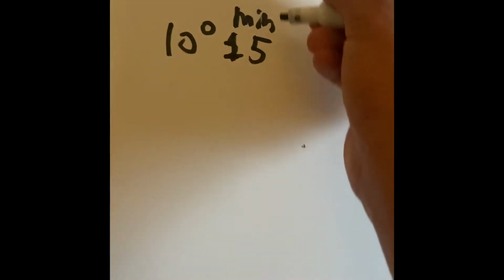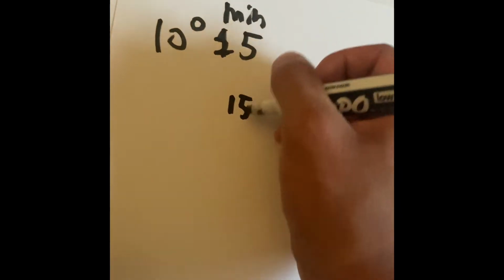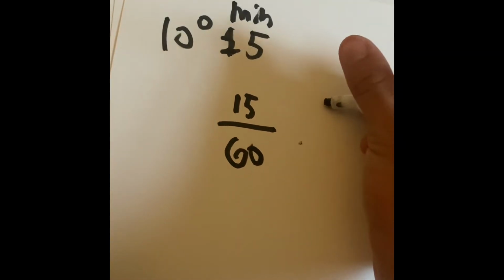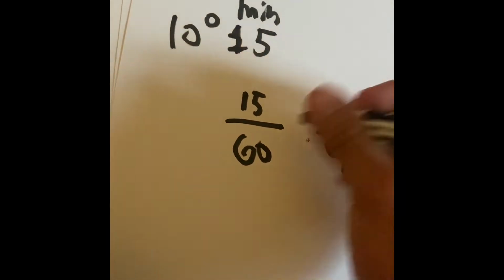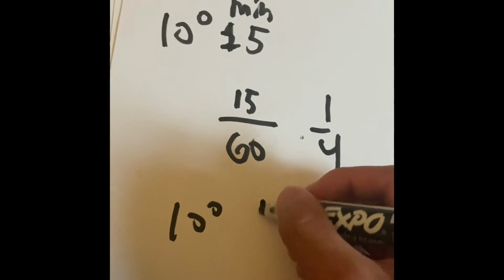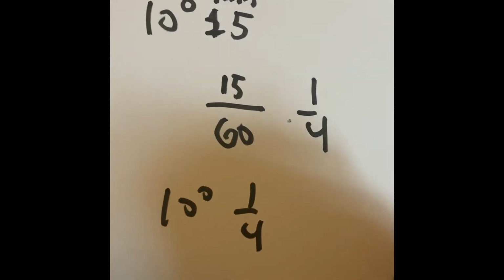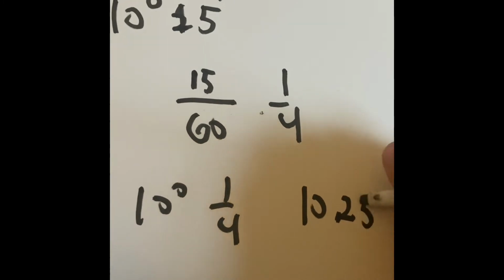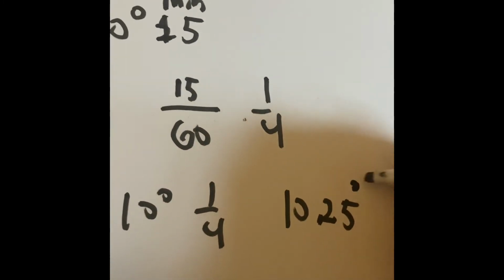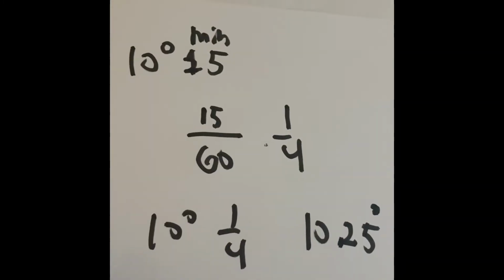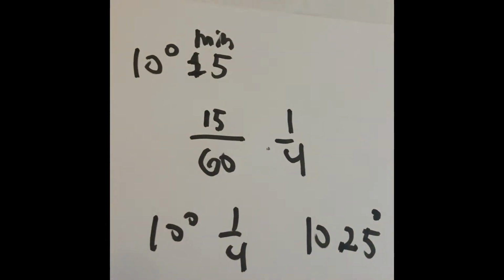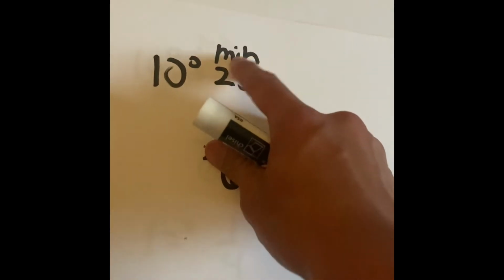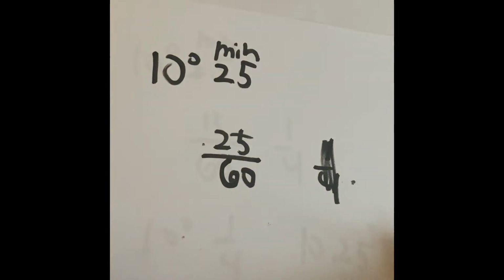So 15 minutes and an entire hour is 60 minutes. We can simplify that to 1 over 4. So 10 degrees, 1 over 4, or some teachers want it as 10.25 degrees.